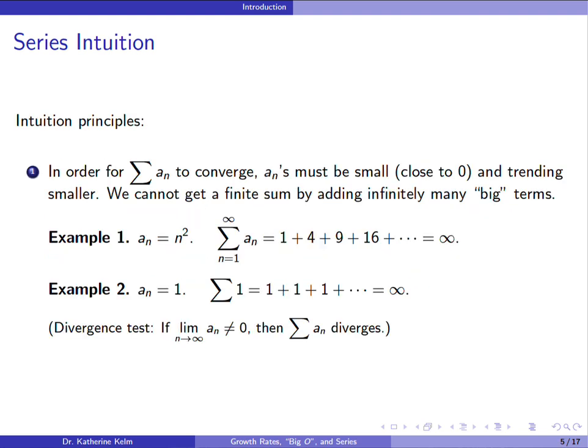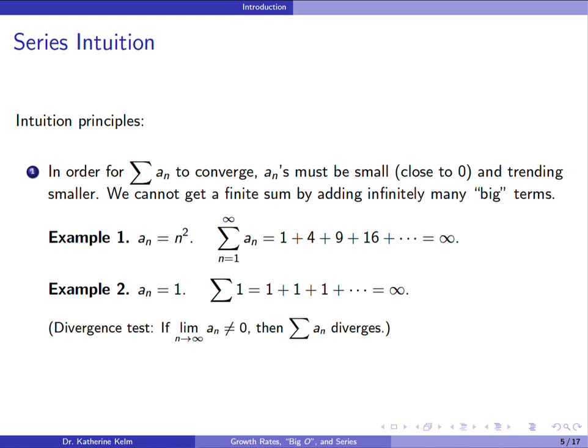So here is one of our main intuition principles. In order for the series an to converge, the terms must be small, i.e. close to zero, and trending smaller. We cannot get a finite sum by adding infinitely many big terms.